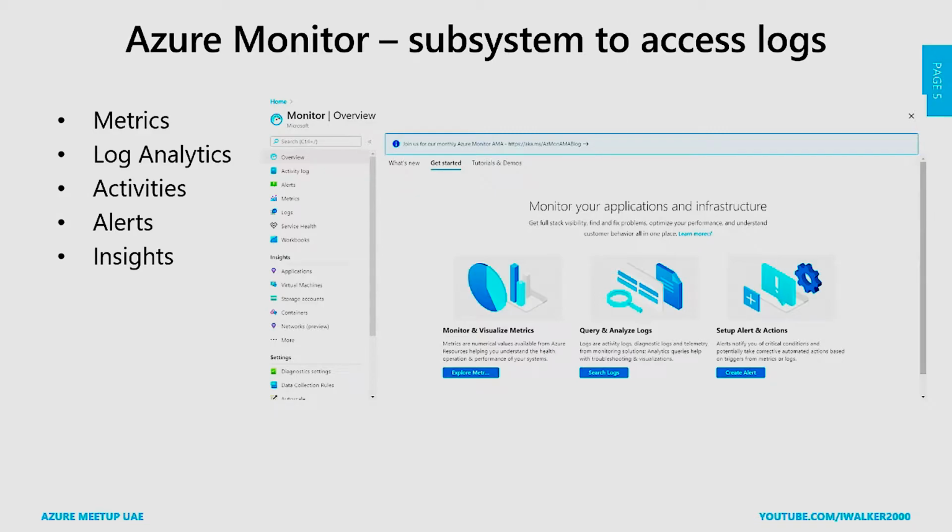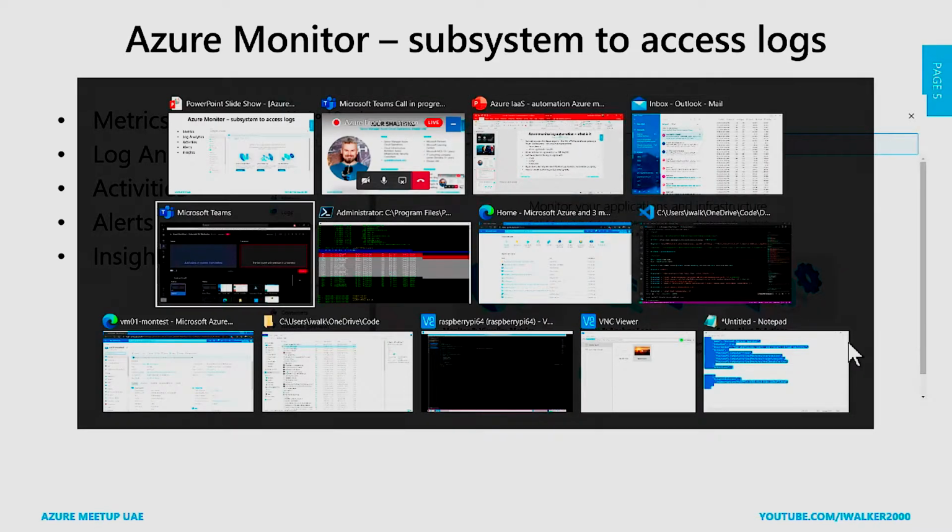Before we start, again, what is Azure Monitor? It's not exactly the monitor itself, it's the subsystem to access the logs, wherever they are stored: the metrics, Log Analytics, activities, alerts, insights, etc., inside Azure.